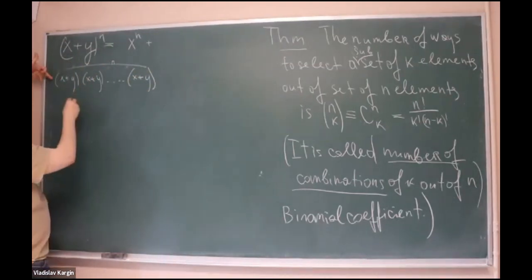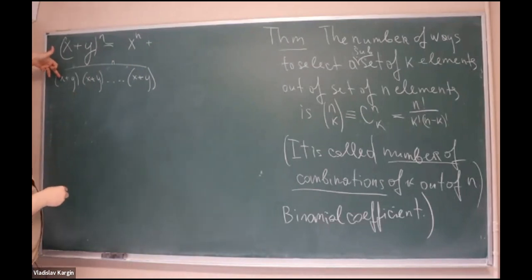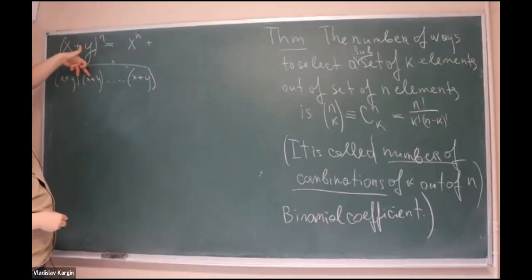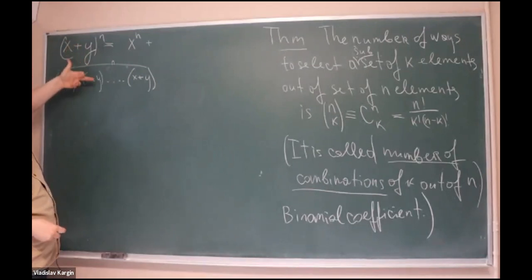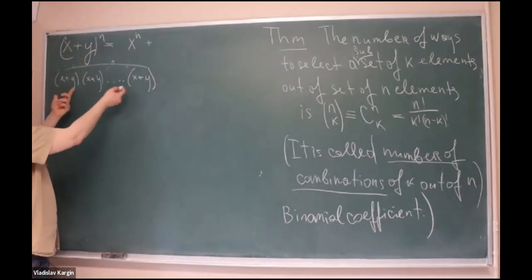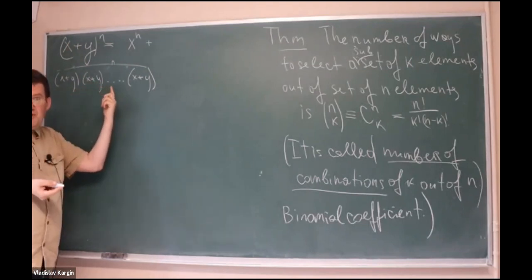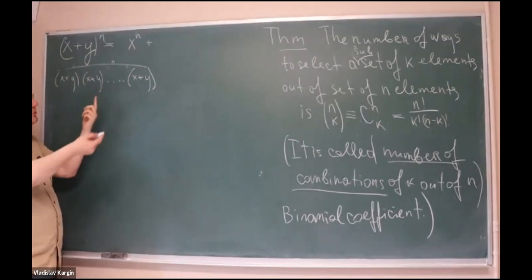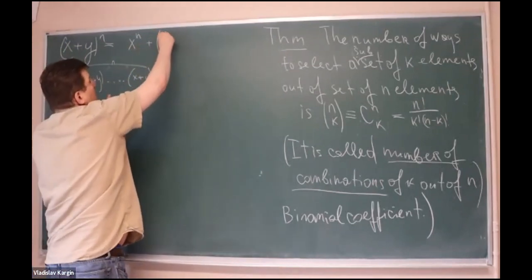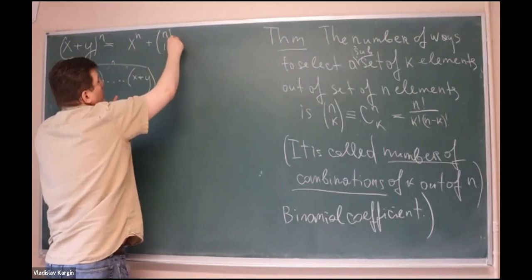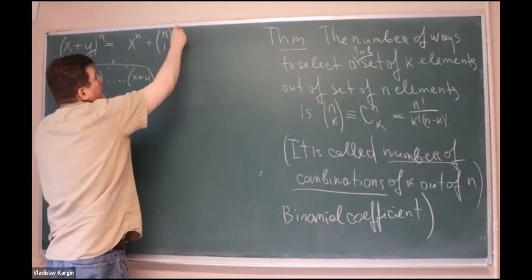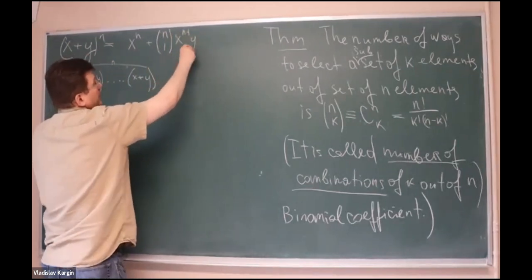You have x to the power of n minus 1, and after that you need to choose one bracket, and from this bracket choose y. From all other brackets you choose x. Right? So it will be (n 1) x^(n-1) y.